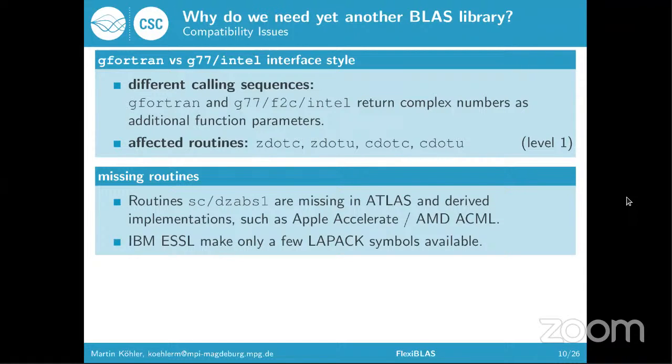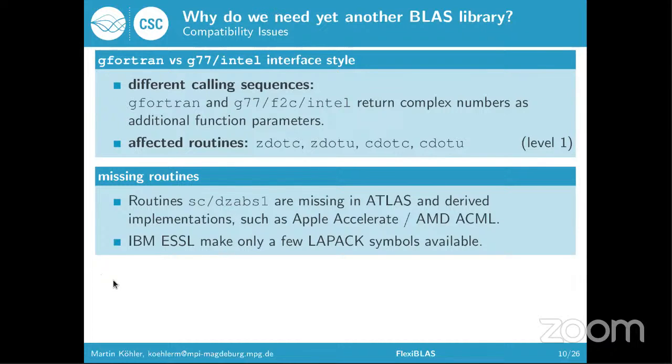Then we encountered that there are some missing routines. For example, some component-wise absolute values. So the one norm of a complex number, that's not in Atlas, and old Apple Accelerate versions and AMD ACML, they seem to depend on the same trick Atlas is doing, and this library call is missing. It's not an official routine from the BLAS, but it's provided by the reference implementation.